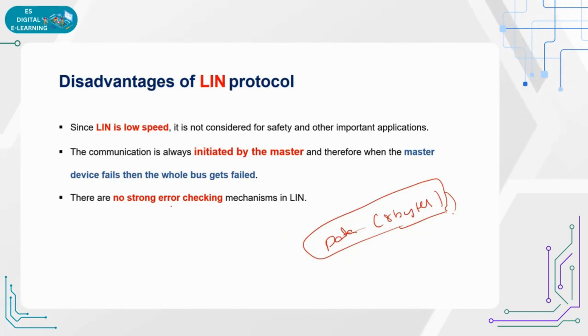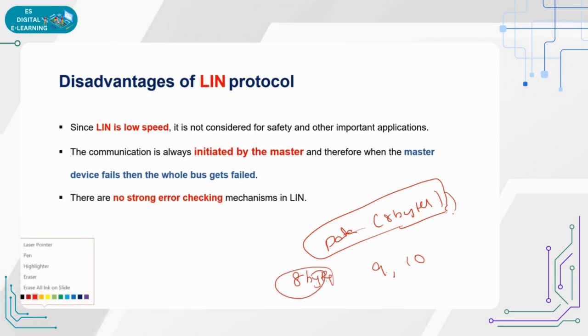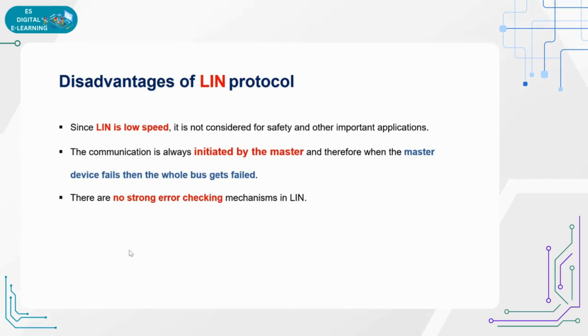So there is no strong error checking mechanism in LIN. If I send more than that, it won't work, the communication will be lost. If I send 9 or 10 bytes, it will consider only 8 bytes. That is very difficult, and it is one reason it is not strong in error checking.